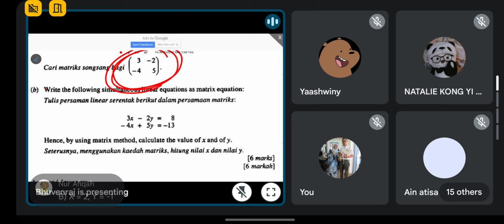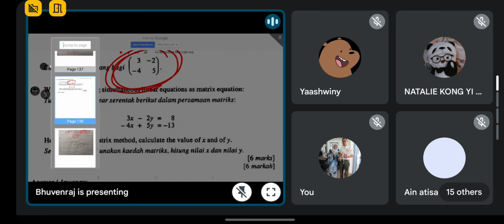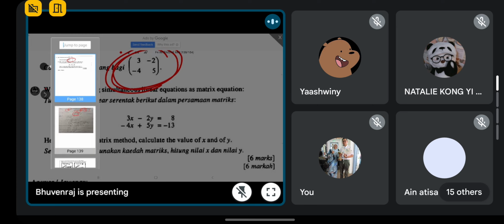X is 2, Y is negative 1. Yes, correct. Betul. Okay, so guys, you should get your answer 2 and negative 1 for X and Y. So try to check and see with your working also. So never mind, if you all solve slowly, doesn't mean a lot, but try to speed up your pace lah slowly as you all go along. Kena latih diri untuk cepat buat.